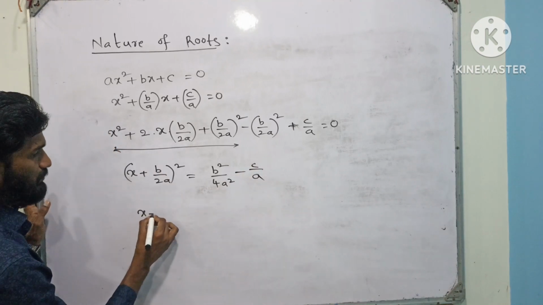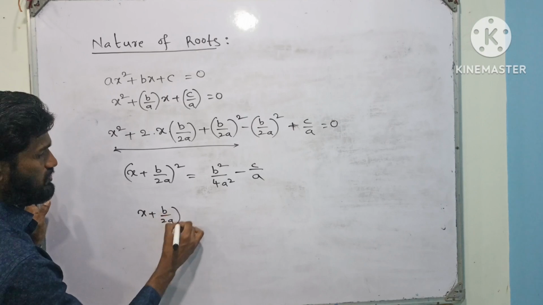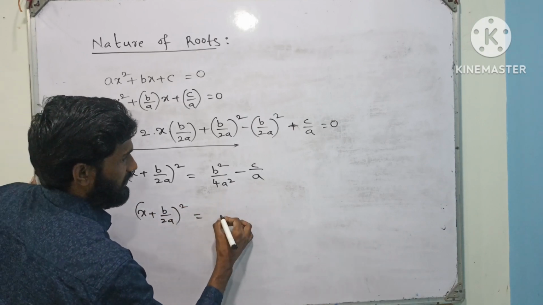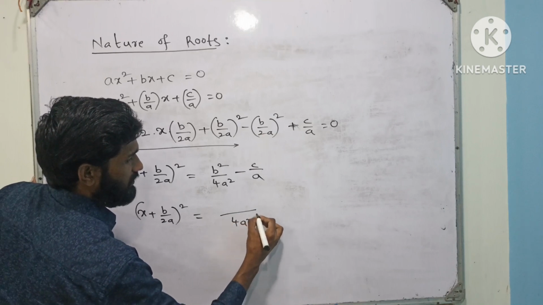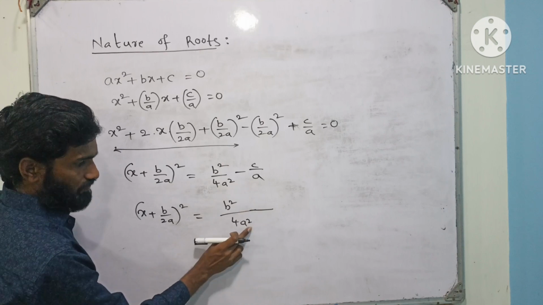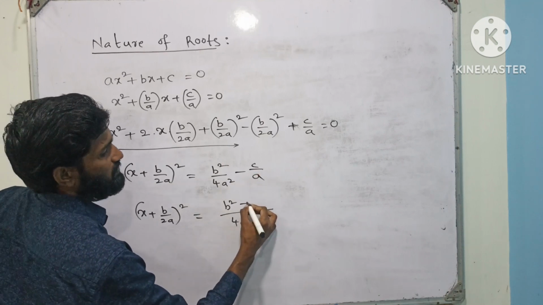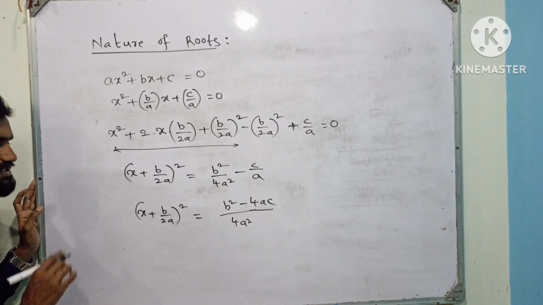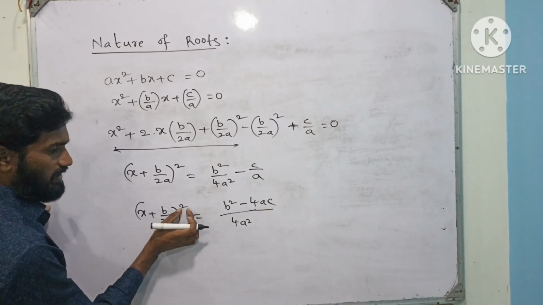Now it is x plus b by 2a whole square, which is equal to, if I take LCM, 4a square, which is b square. Only a is there, so we need to multiply with 4a to the c, which is nothing but 4ac. LCM I did, nothing else. Okay, only LCM.